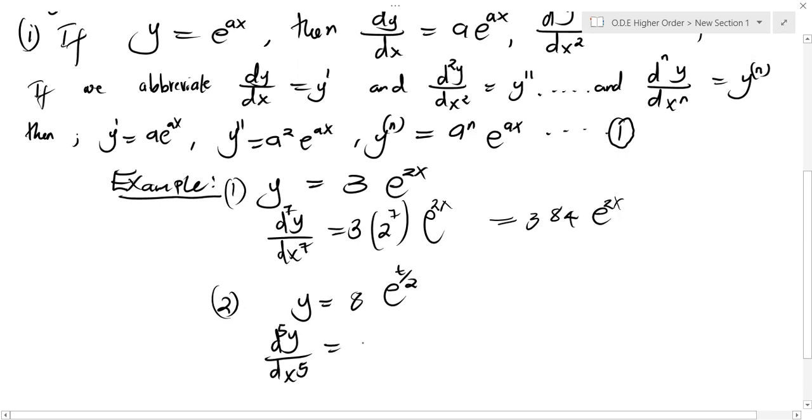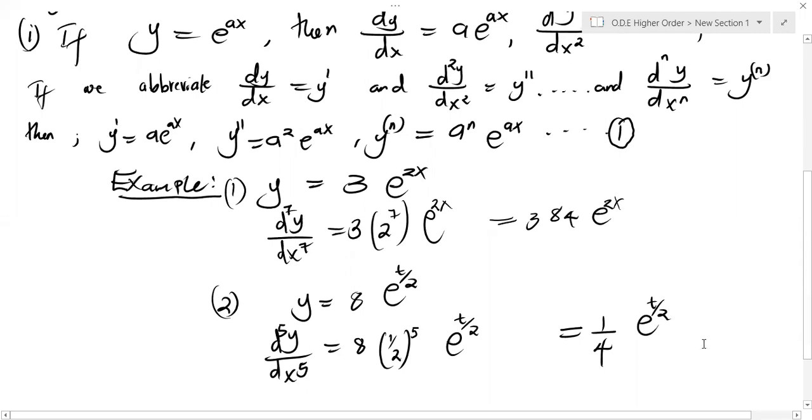This will be equal to 8 here, our a is a half raised to the power 5, and then we have exponential t over 2. And this will give 1 over 32 and then 8 divided, therefore this will give 1 over 4 exponential t over 2. So that's for the exponential function.